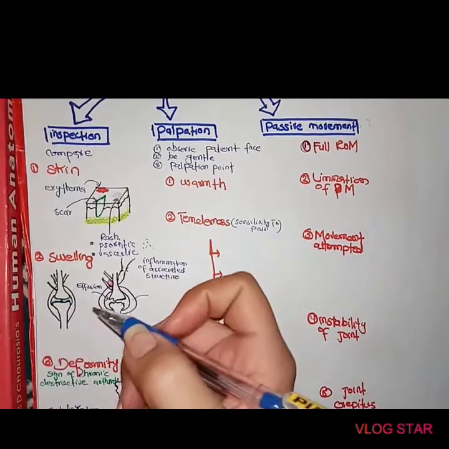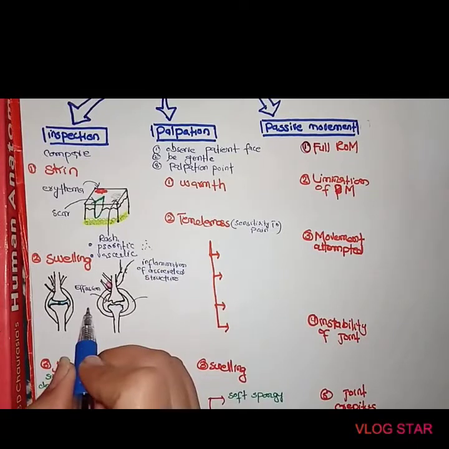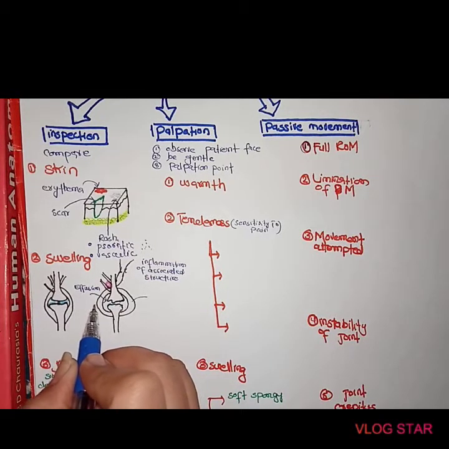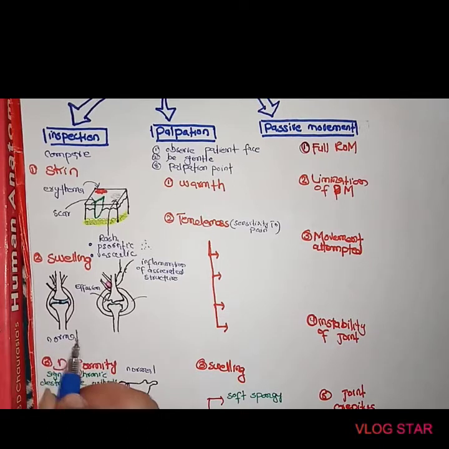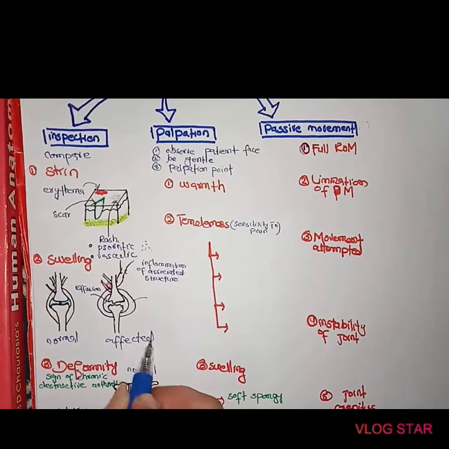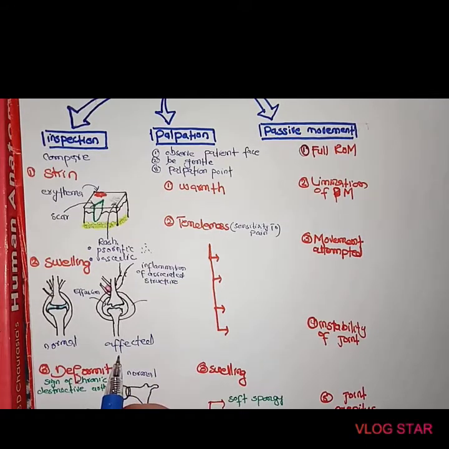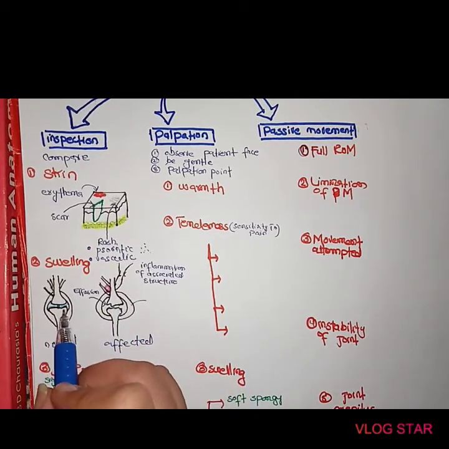If a swelling is present, then the swelling may be due to effusion of the joint. Here, this is the normal joint, and this is the affected joint. The joint may be affected by any kind of arthritis, infection, or disease. You can see that this is the normal joint, and this is the synovial membrane.